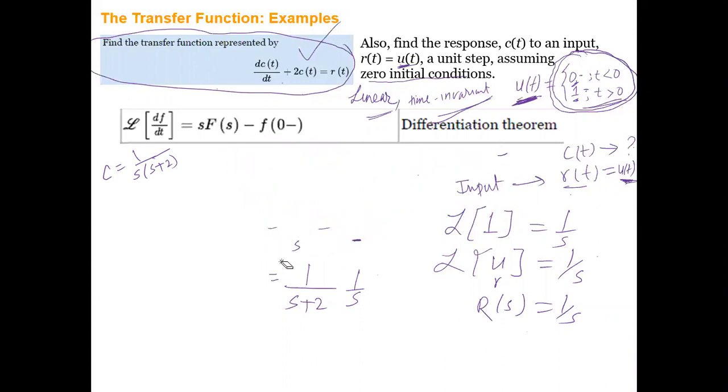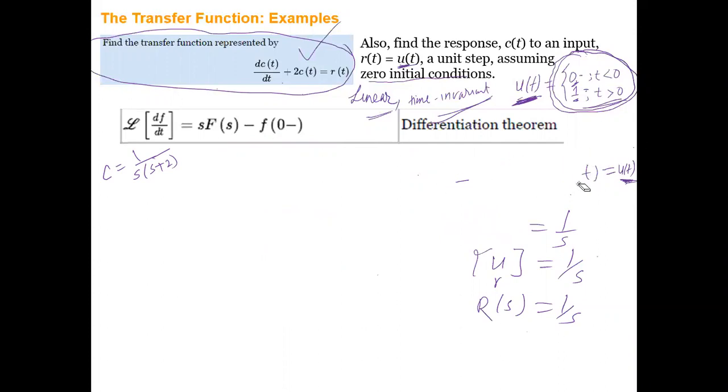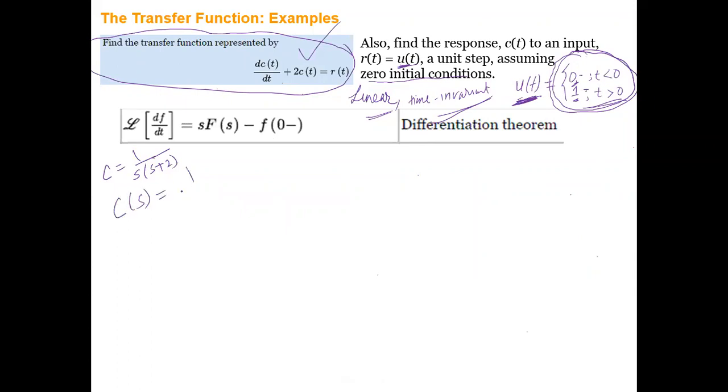Now you have to figure out C from this. C is a function of big S, right? So this can be rewritten as 1 over s(s plus 2).